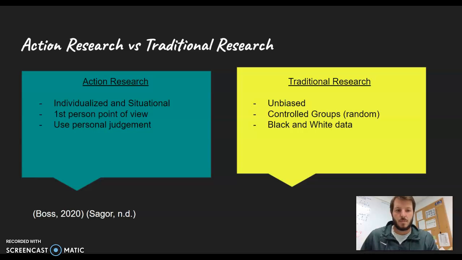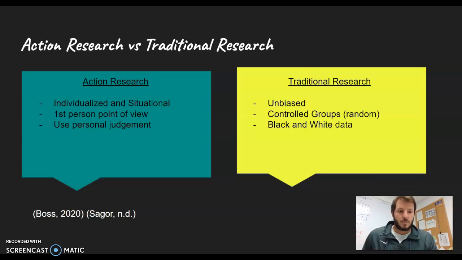I think that's one of the most important ones, and is key for action research, is allowing you to use your own judgment while it's happening. Traditional research, on the other hand, you're going to get unbiased data, but it is controlled groups. These are random groups. These are not kids that you know, people that you know. These are simply just numbers and data.